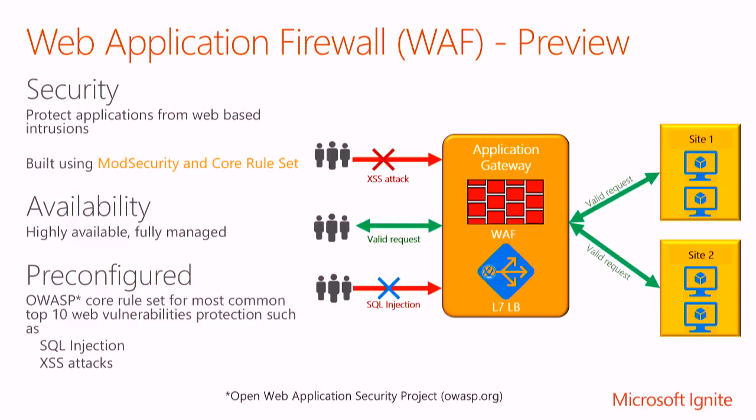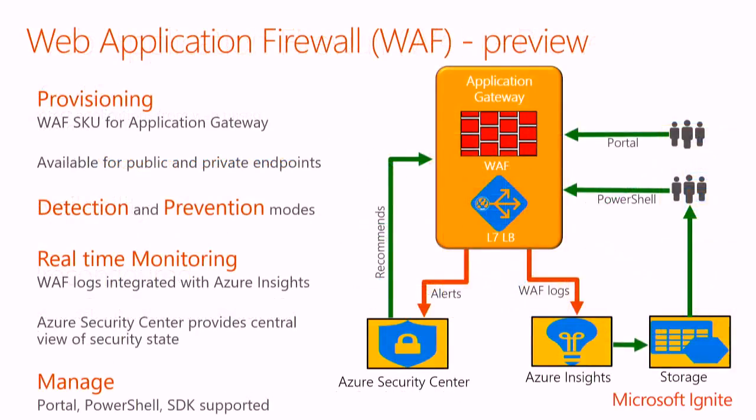Based on that, you can simply say, do you want to just detect the request and log it, or do you want to block it? You have the option to do those things. It also has the ability to log alerts.